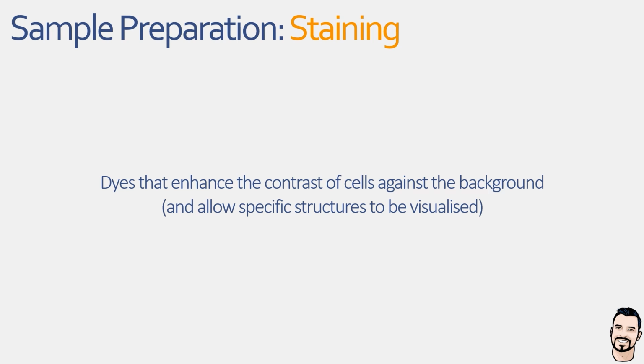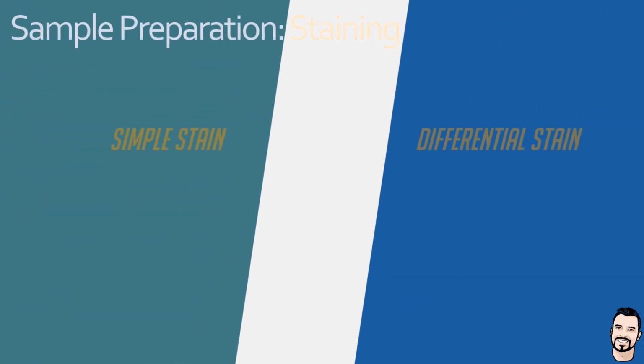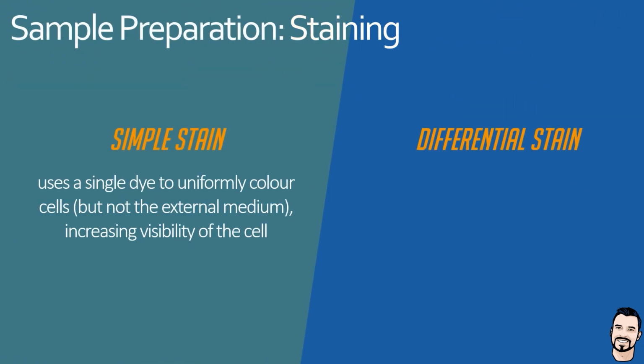Now, there are two different types of stains we can use. Simple stains use a single dye to uniformly colour all cells, increasing contrast to make them more visible. And a common example is methylene blue, which highlights the overall shape and structure of cells.